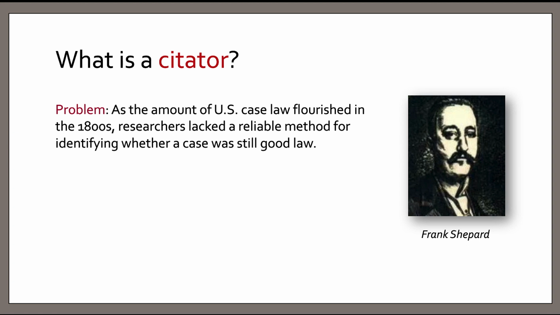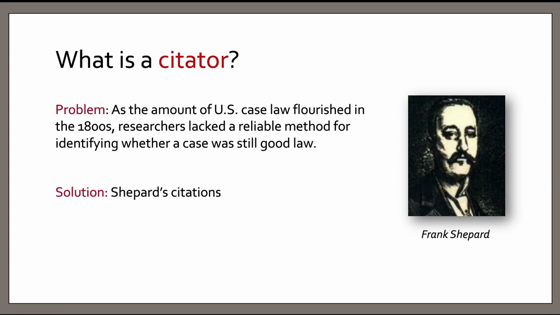Legal citators, as we know them, began with Frank Shepard in 1873. He sought to come up with a system to help researchers identify whether a case was still good law. He began by publishing lists of case citations in a series of books keyed to different jurisdictions, originally called Shepard's Adhesive Annotations.